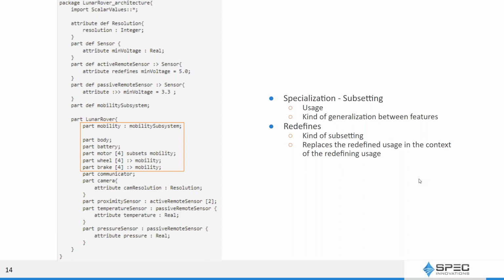And then there's part battery, part body, as well as part motor, which subsets mobility, part wheel that subsets mobility, and part brake that subsets mobility. So motor, wheel, and brake are more specific instances of the mobility part.